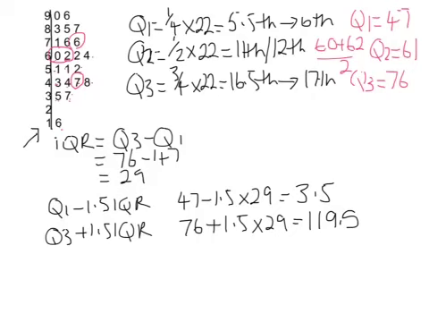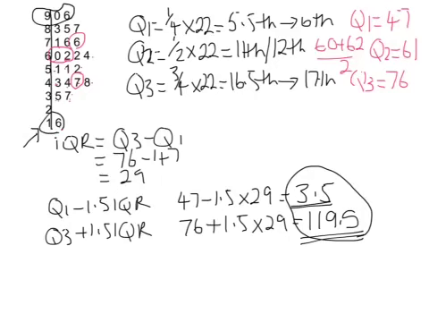So any numbers between those are fine, they're not outliers. Have we got any numbers that are smaller than 3.5 or bigger than 119.5? Okay, I don't think there are any numbers because the lowest number is 16, the highest number is 96. So in this case, there are no outliers.